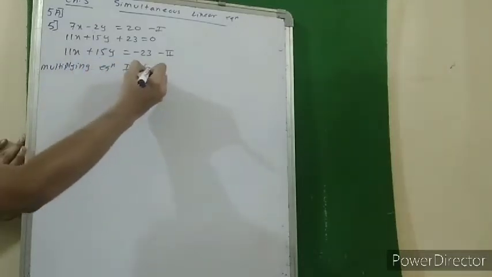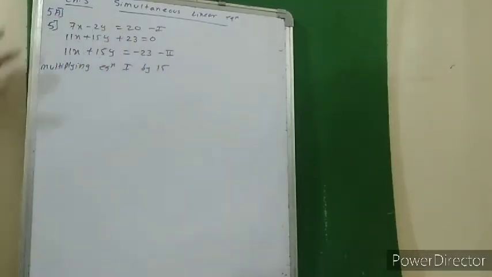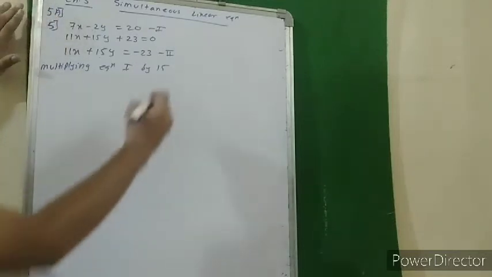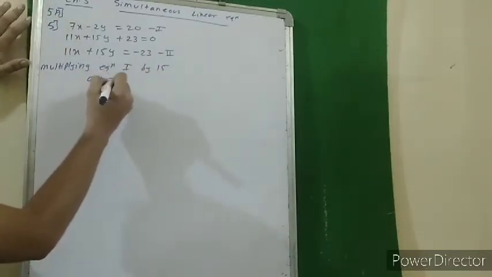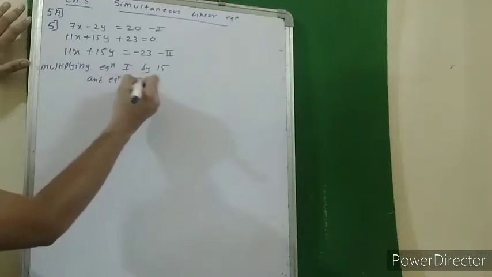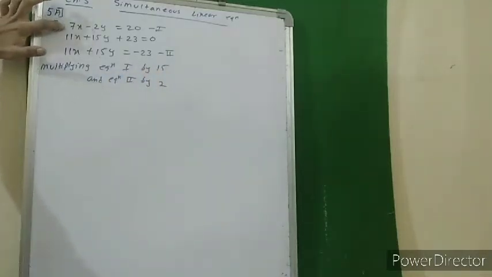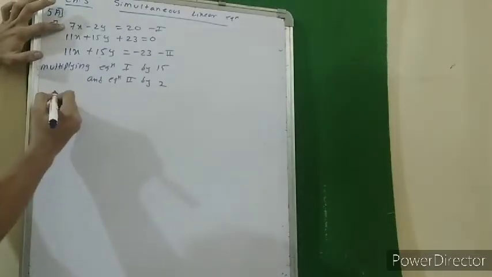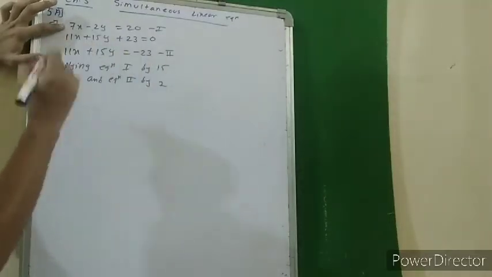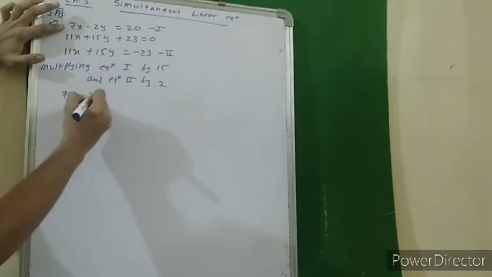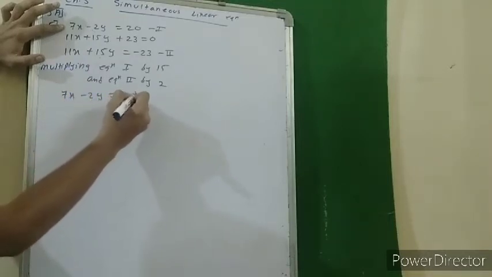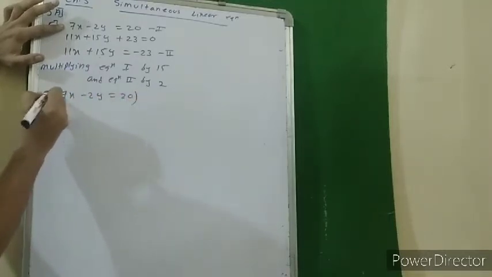I will multiply equation 1 by 15 and equation 2 by 2. So 7x minus 2y is equal to 20, and I will multiply this by 15.